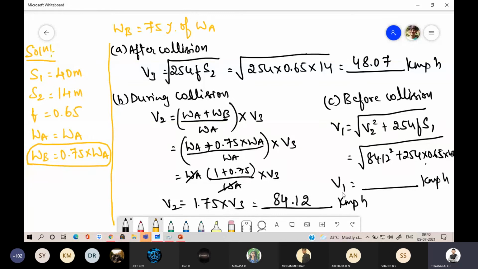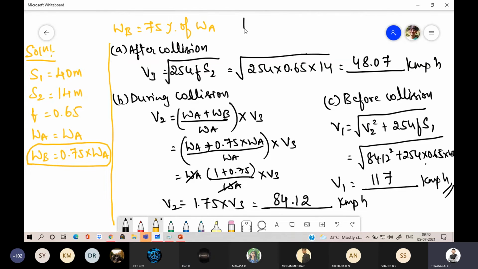Check how much you are going to get. I am getting 117 kmph. Are we getting 116.974? 116.964, sir. Okay, we'll round it to 117.